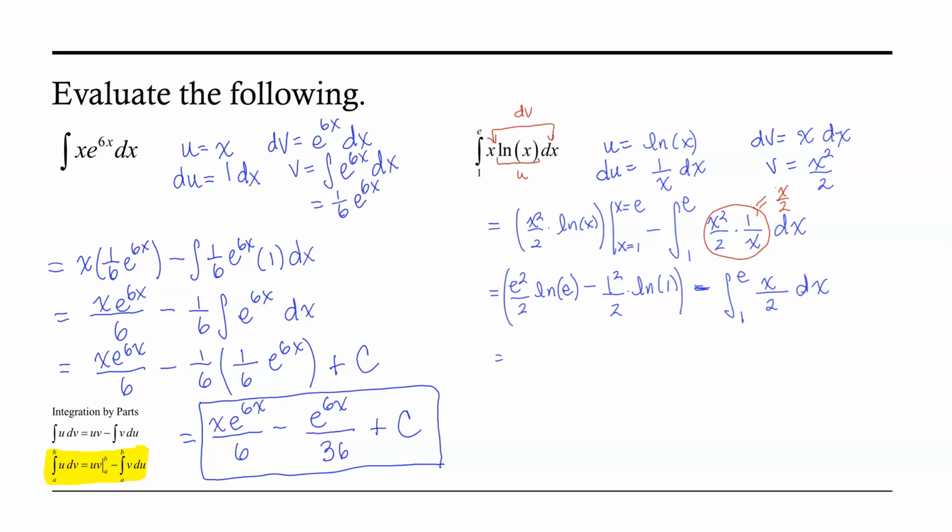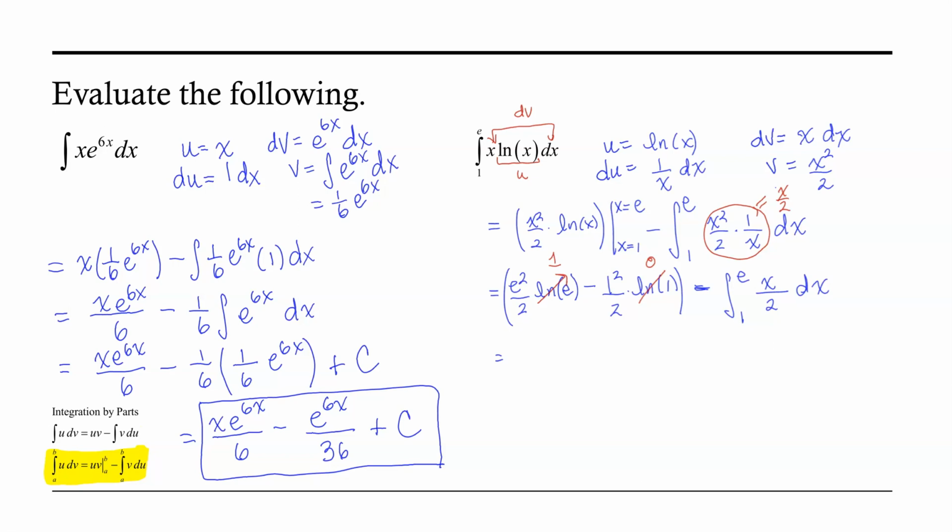So moving along, we see that in our first term we have e squared over 2 times the natural log of e. We know that the natural log of e is 1, so we will substitute 1 there. And we see that we have the natural log of 1, and we know that the natural log of 1 is 0, so we will substitute a 0 there.